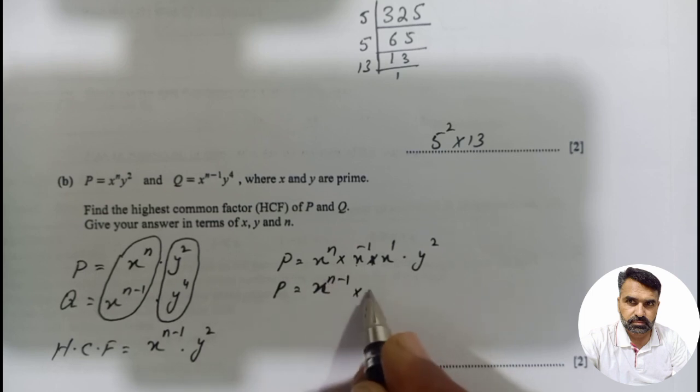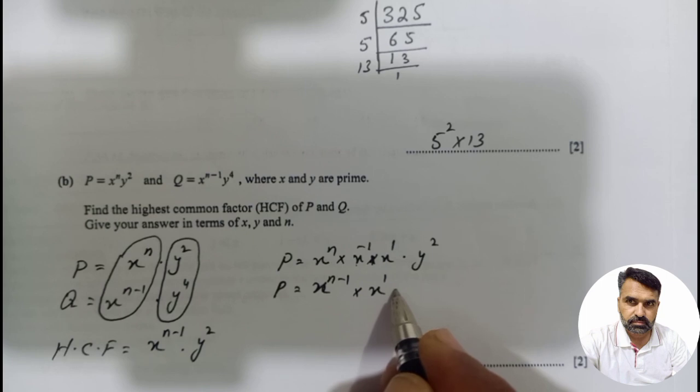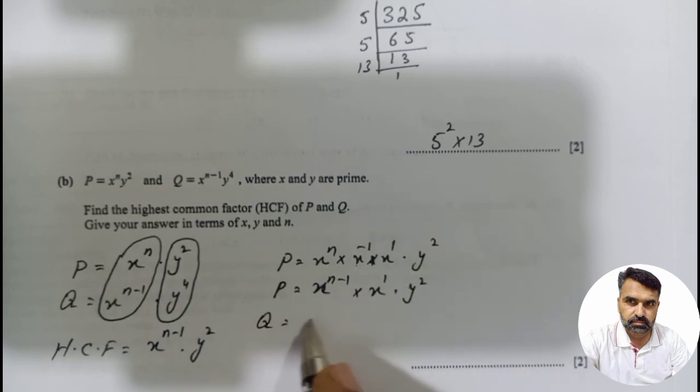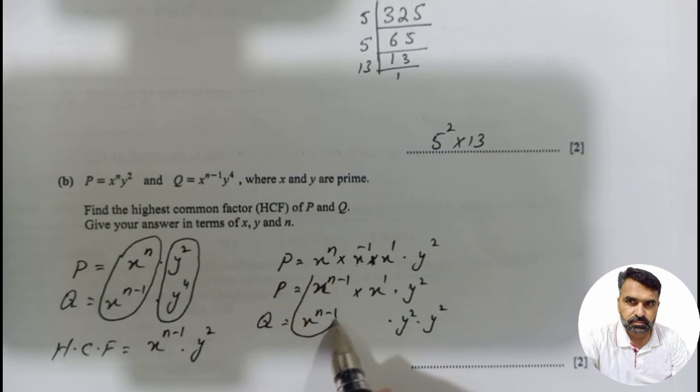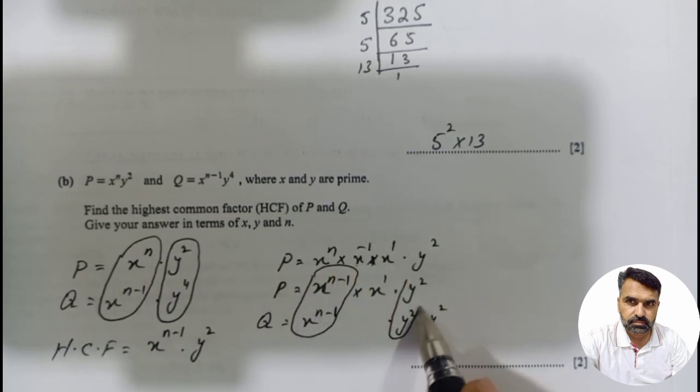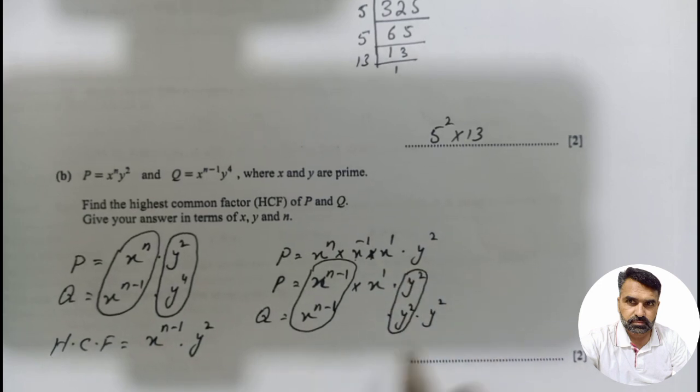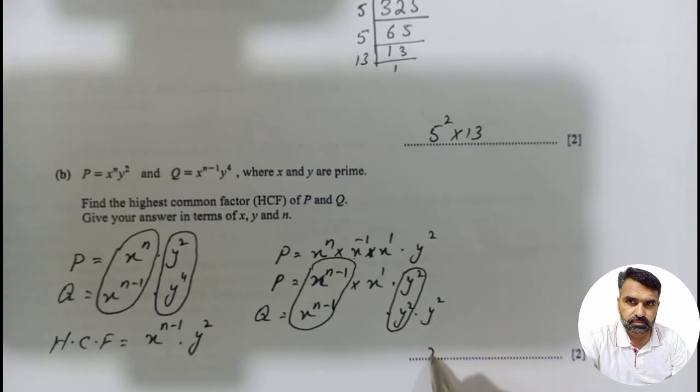And take q as x to the power of n minus 1 into y square into y square. Now these are the common factors, so it will be the HCF. So students, HCF is x to the power of n minus 1 into y square.